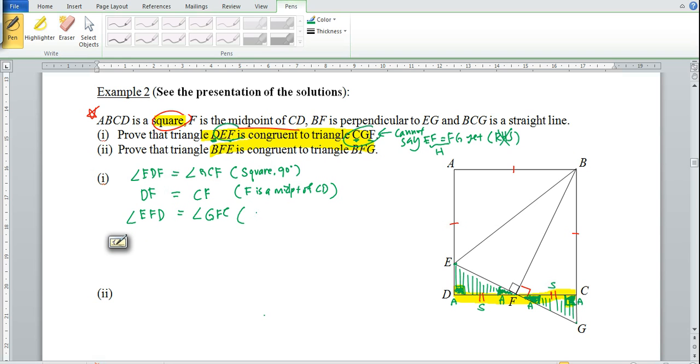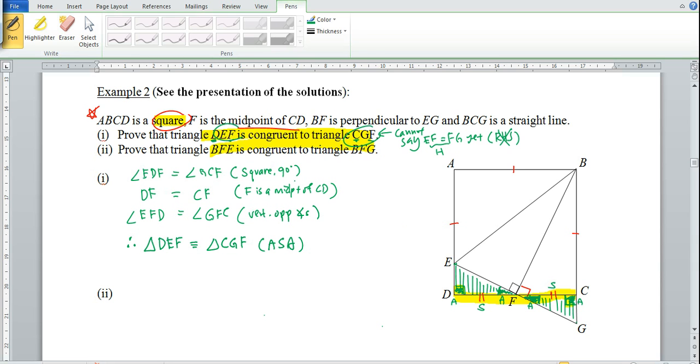So in this case, this is vertically opposite angles; I'll write short form, you are allowed to. Okay, so therefore, after I have three evidence, I can conclude that therefore DEF is congruent to CGF, and this is my ASA test.